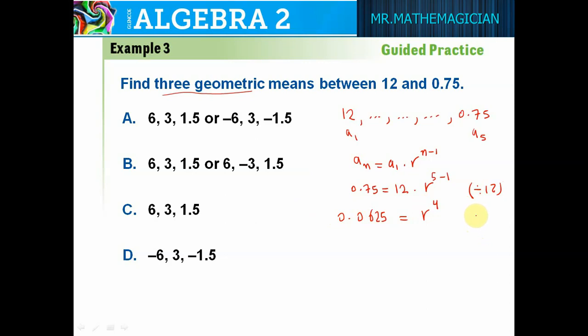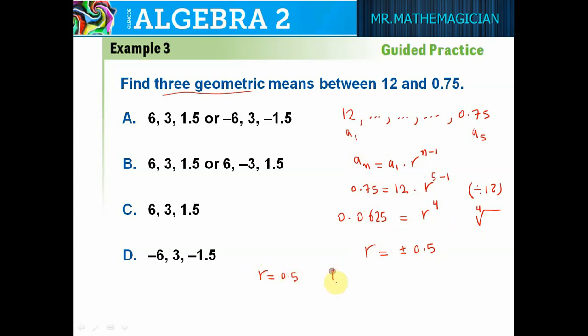Now let's take the fourth root for both sides. Of course, this should be positive or negative. So r in this case will be positive or negative 0.5. Let's take r as 0.5.